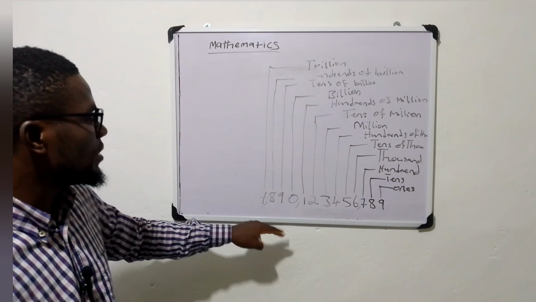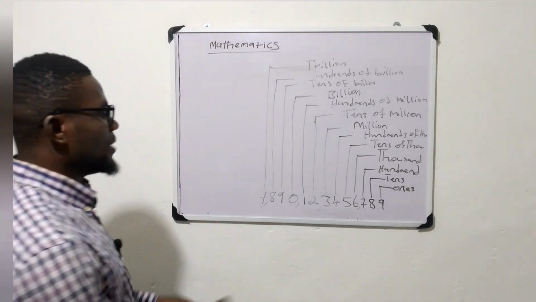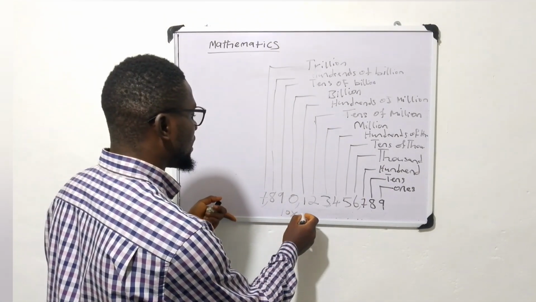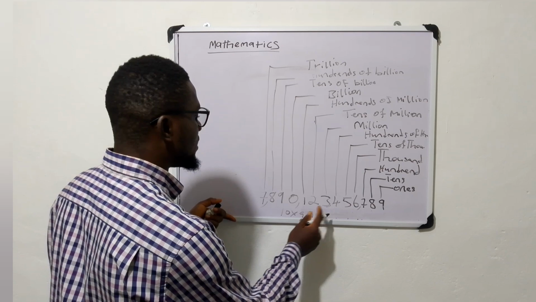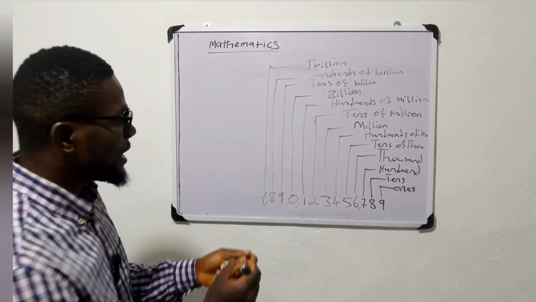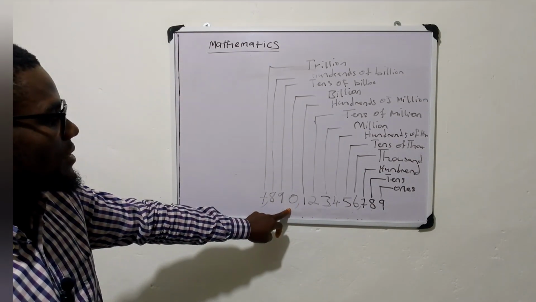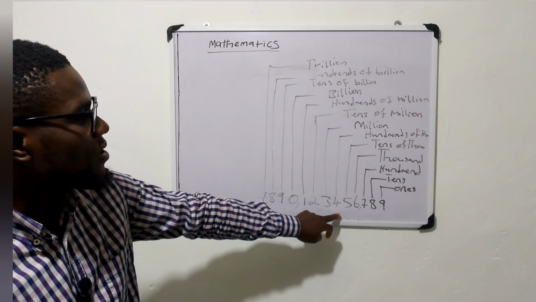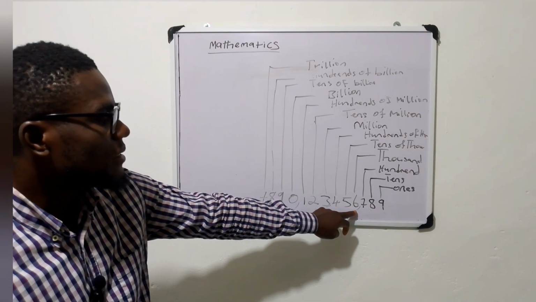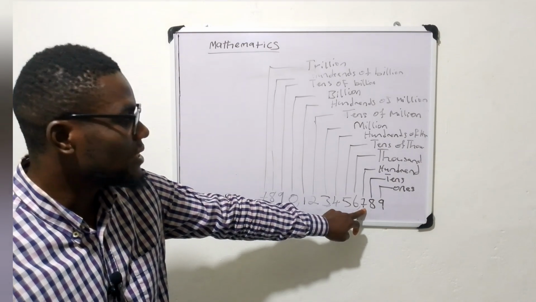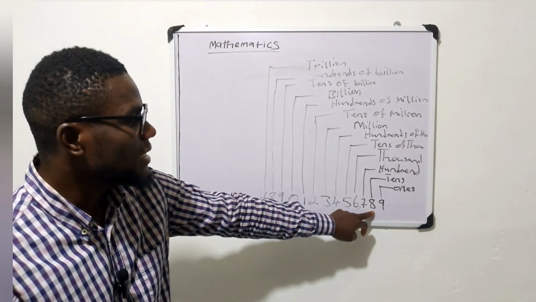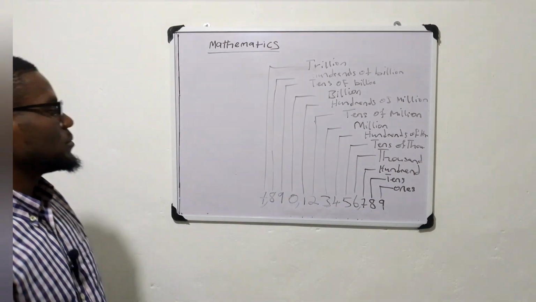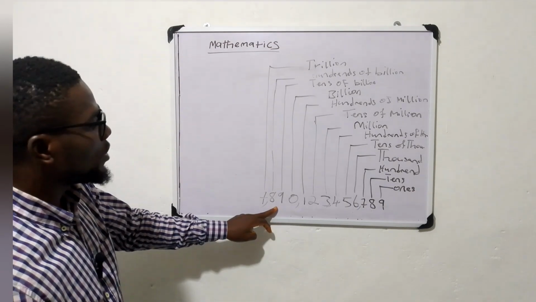Tens of billion. Remember, when you say 10 multiplied by 9, you have 90. So one can say 90 billion, 123,456,789. Now let's proceed to the hundreds of billions.